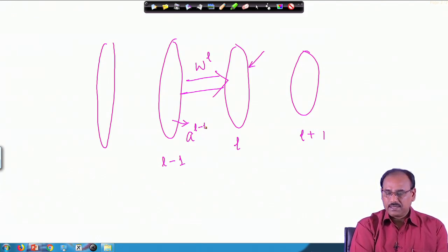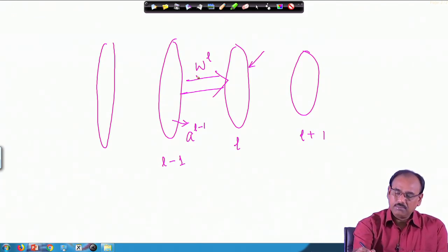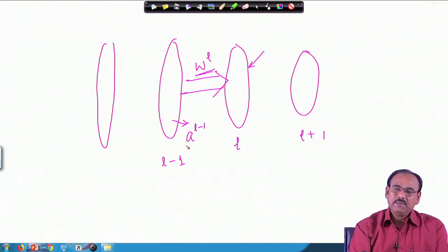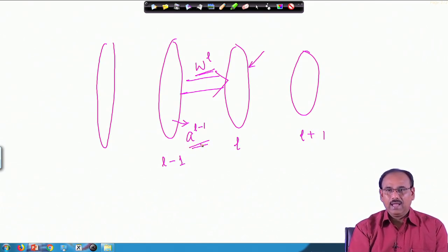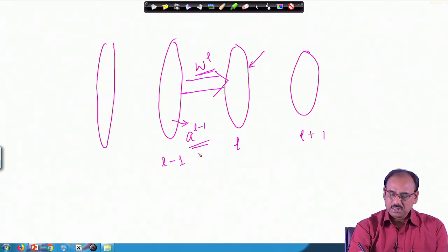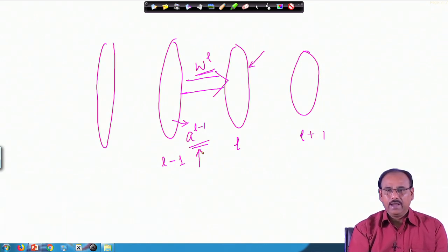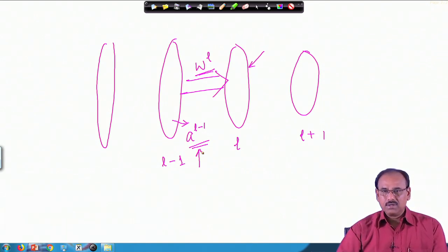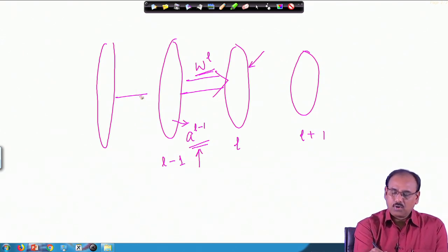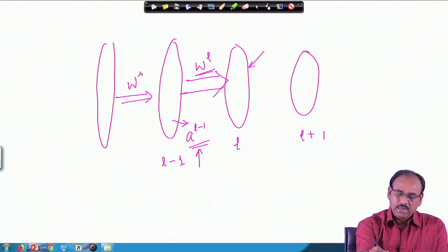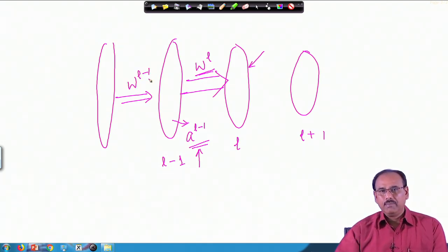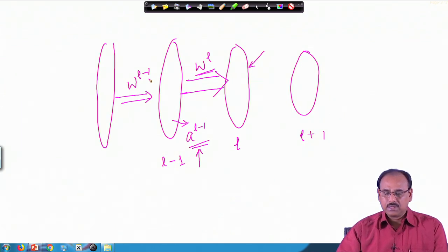Now, you find that when you are updating this WL at time instant t, it depends upon the output at that time instant, which is AL minus 1, the activation from the previous layer. Now, the distribution of AL minus 1 is again not static, because during gradient descent or backpropagation learning, you will also modify the weight vectors WL minus 1, that is, the weight vectors between layer L minus 2 and L minus 1.